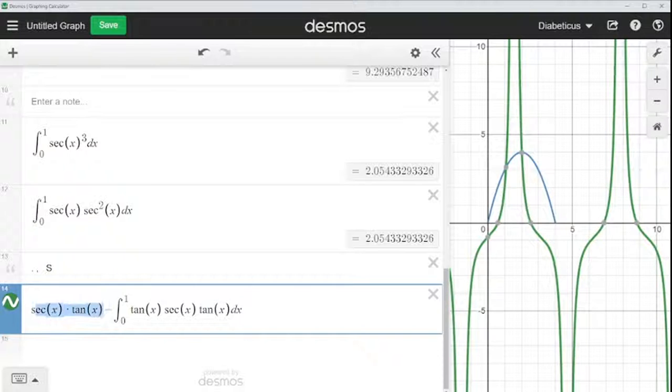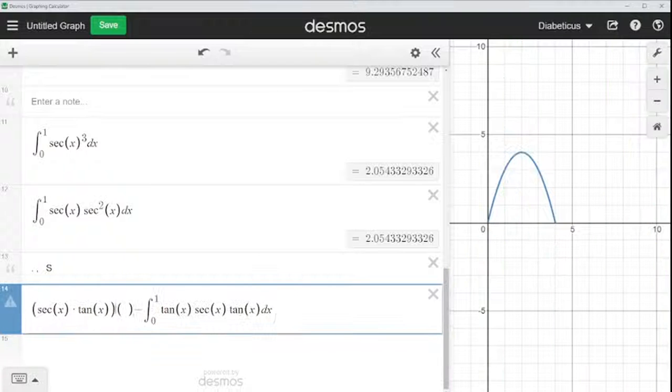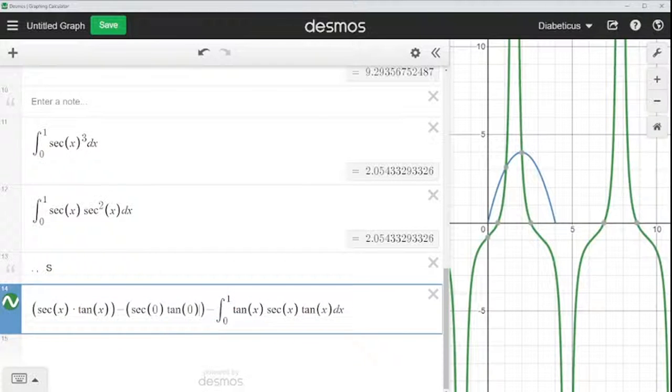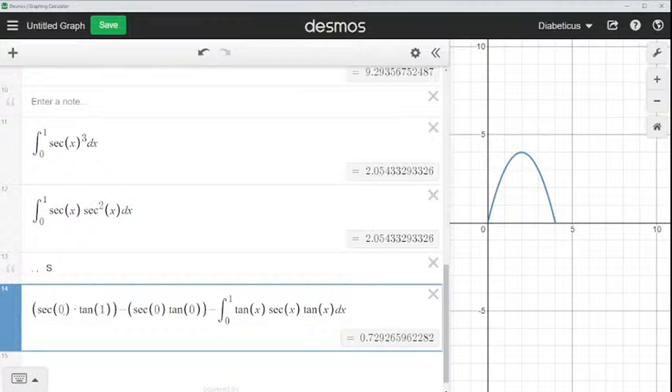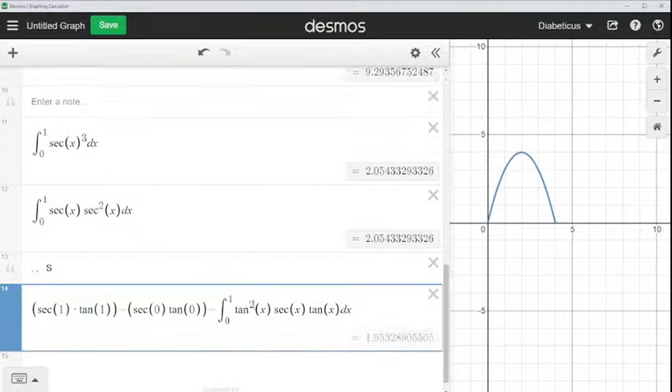Okay, this here is supposed to be evaluated from the bounds, so let me just write that down. Okay, same number. We know this is defined, but can we solve this? Tan squared x.